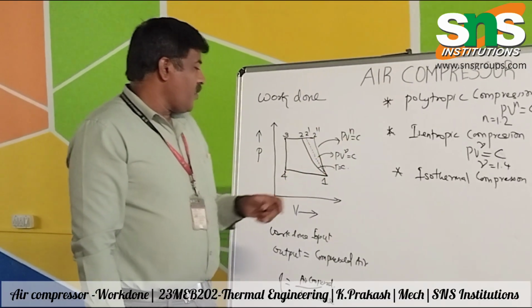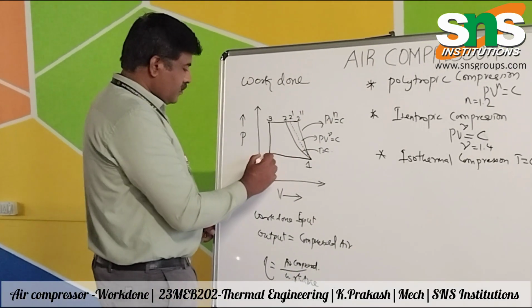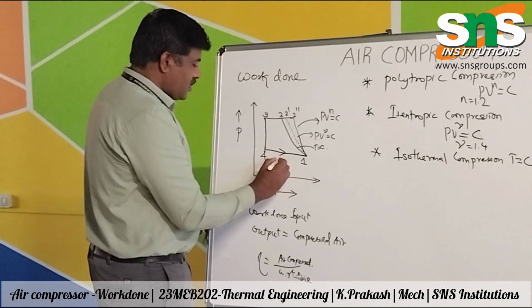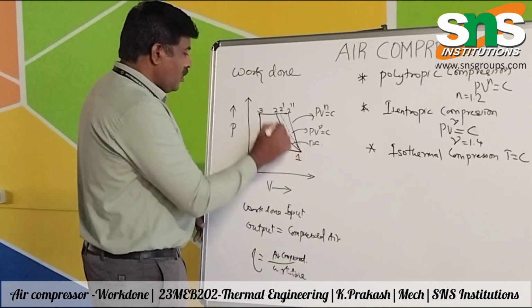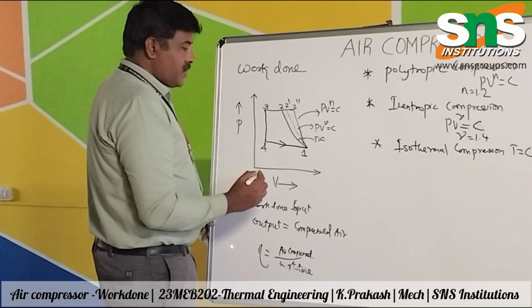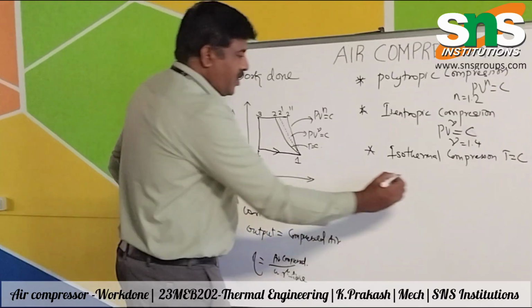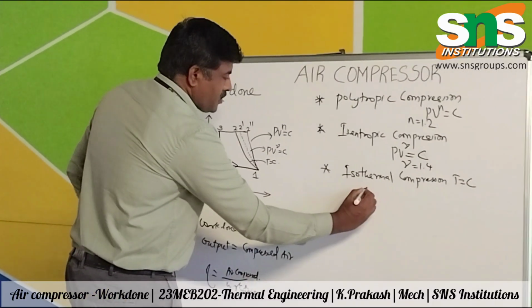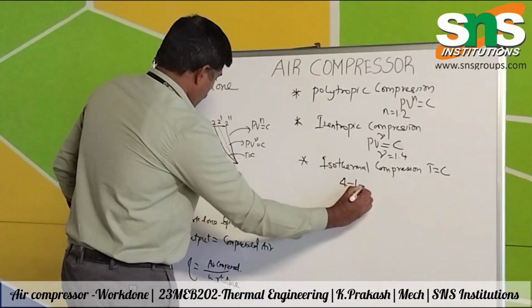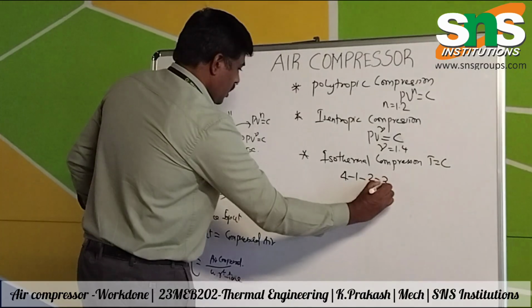In this diagram, 4 to 1 is the suction. If you take the isothermal compression, the process takes place by 4 to 1, 1 to 2 and 2 to 3.